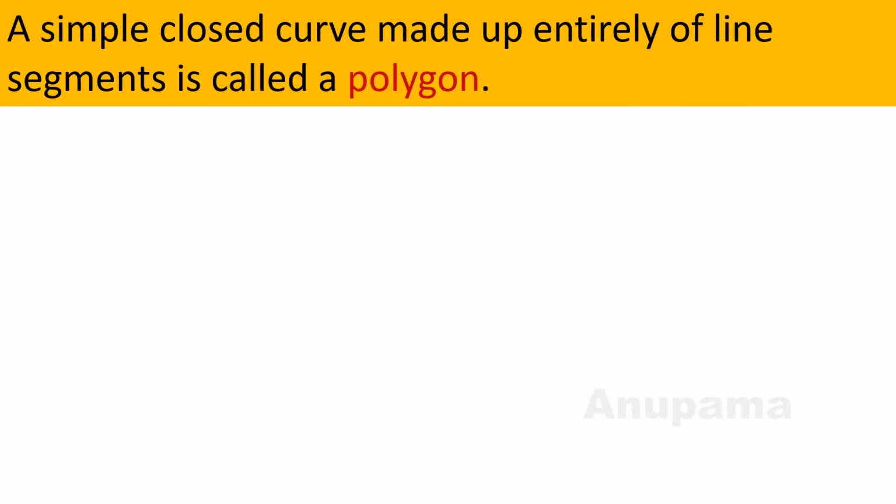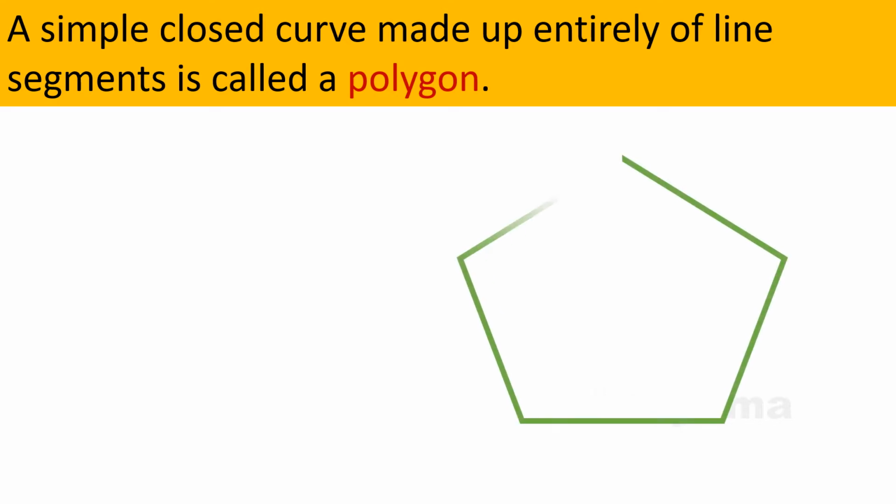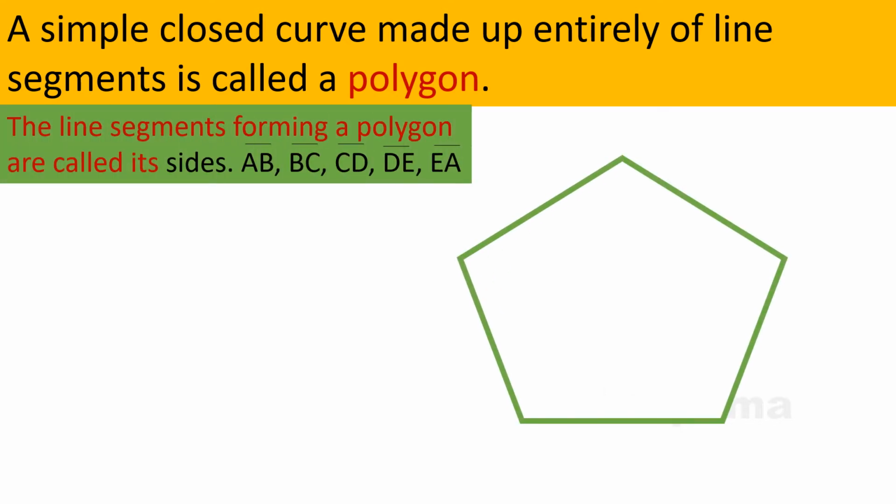Let us observe polygon again. It is a polygon and the line segments forming a polygon are called its sides. For example, just see here, if we will give the name of these points A, B, C, D, E, then we can say that AB, BC, CD, DE, EA are line segments which are forming a polygon and called its sides.